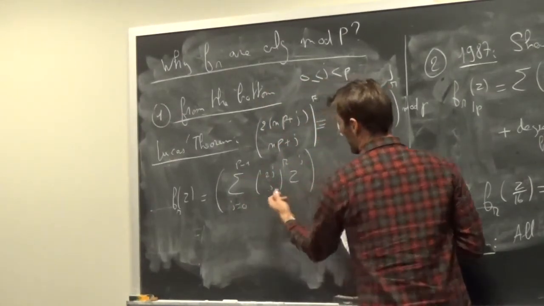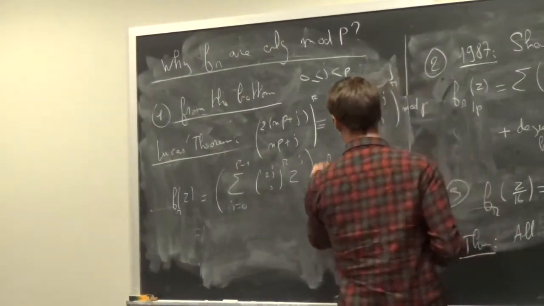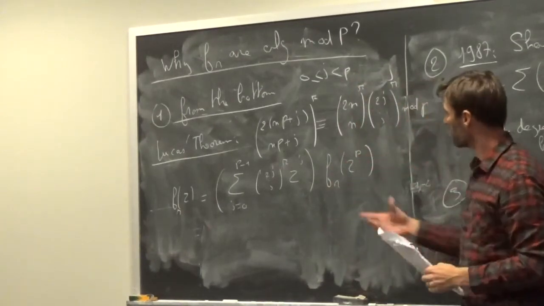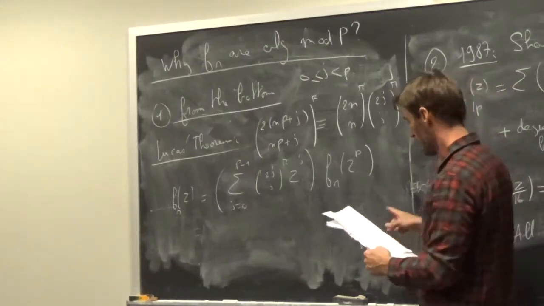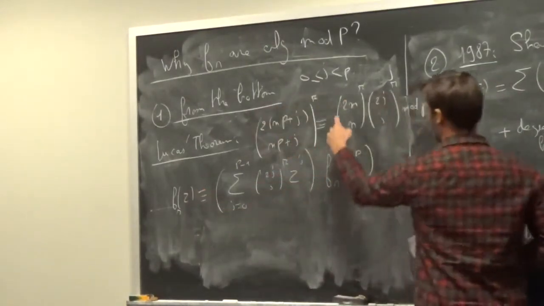So this is just a polynomial of degree p minus 1 times fr of z to the p. We just have split along arithmetic progression. And of course, this is true mod p using this congruence.